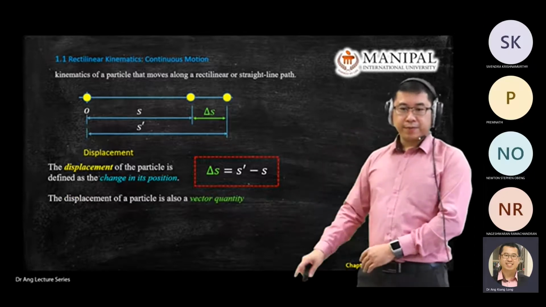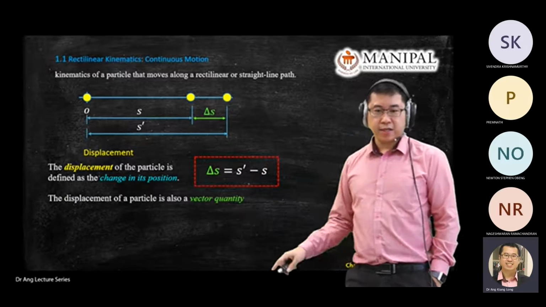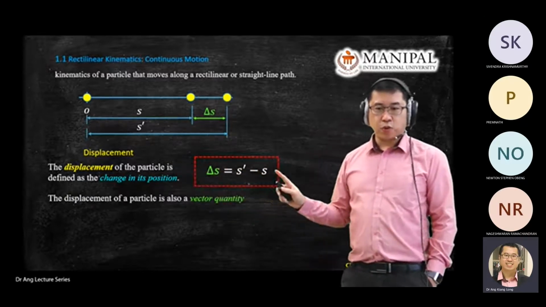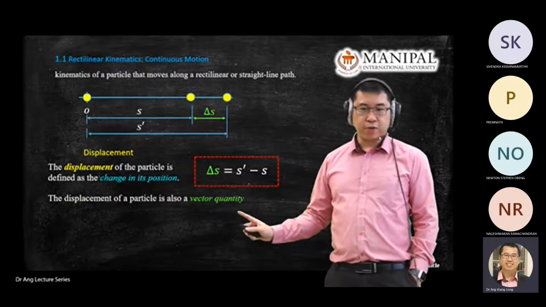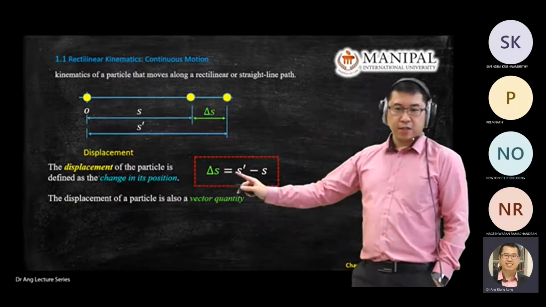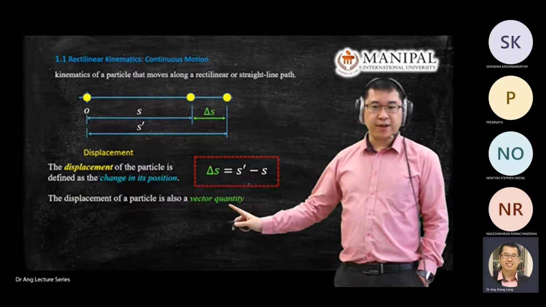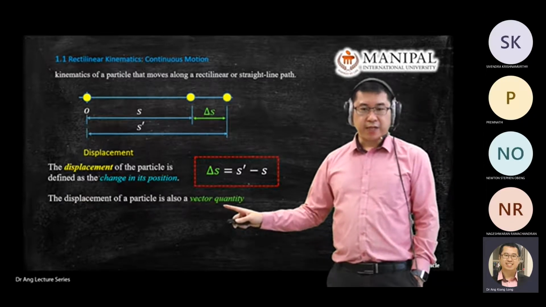Now, again, position is a vector. So displacement is a difference of two vectors, so displacement is also a vector. Delta S, displacement, is also a vector. Remind yourself how you define a vector.